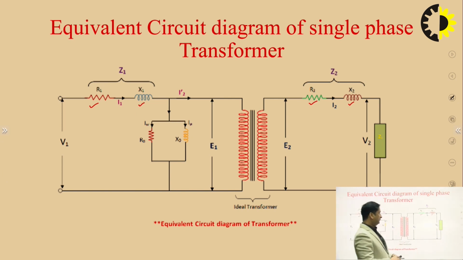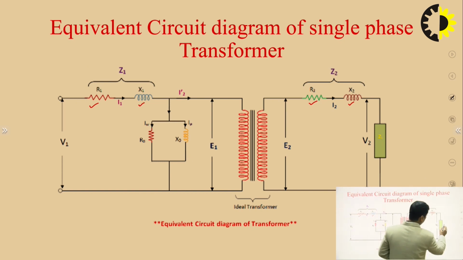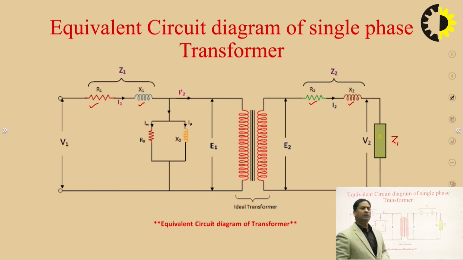Here the load is Z, and the load could be a resistive load, inductive load, or capacitive load. Depending upon the load, there will be some power factor of the transformer.